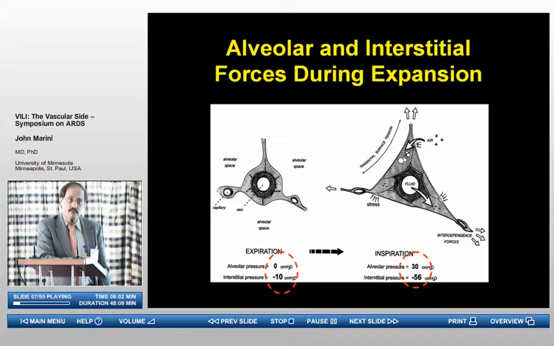A couple of things ought to strike you about this. You've got positive pressure inside the alveolar spaces and negative pressure in the interstitium. The bigger the lung, the more negative the pressure. And those negative pressures, when they are combined with the intraluminal pressure, put a distending force on those capillaries or those microvessels that's quite high.